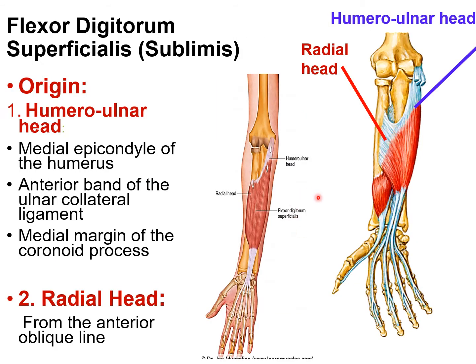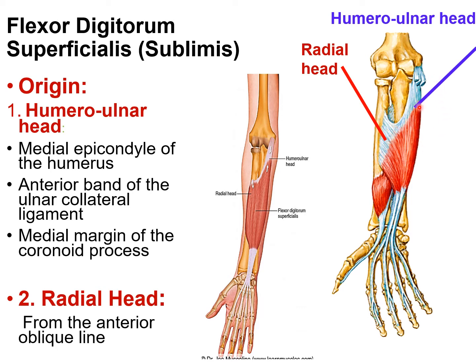Now talking about the flexor digitorum superficialis muscle, it is the superficial muscle which is counted as an intermediate group since it forms a stratum which separates the superficial from the deeper group of muscles. Talking about its origin, it has a humero-ulnar head and a radial head.